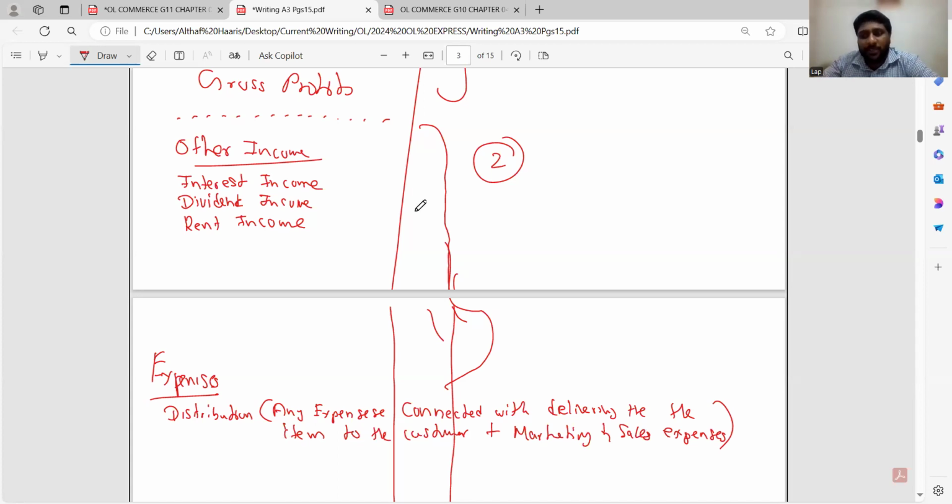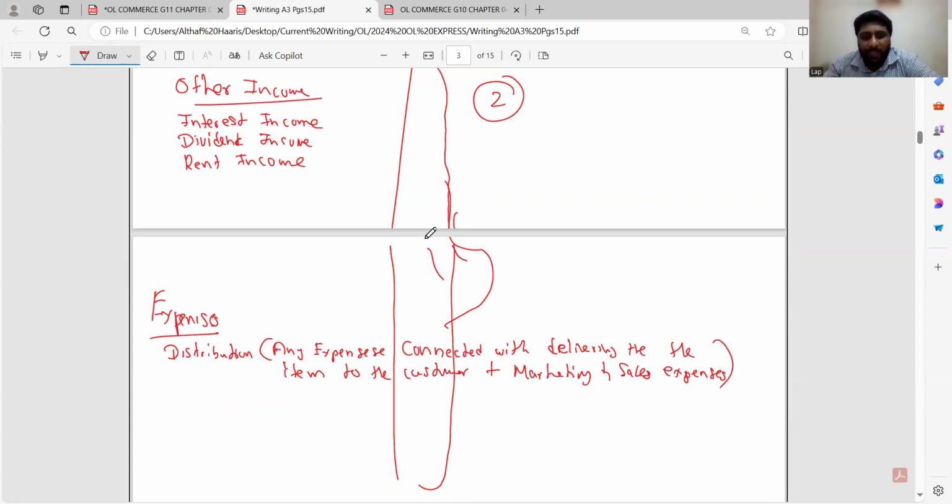So under distribution expense, what are the things that you have to take, people? Any expense connected with the delivery of the item to the customer. Any marketing expense. Sales expense will come under distribution.